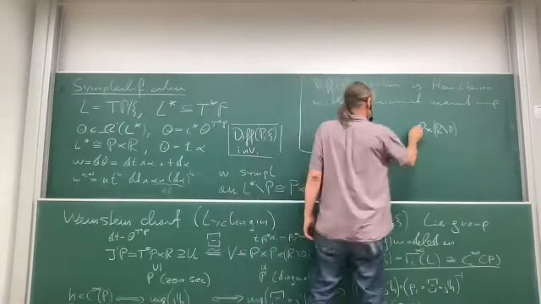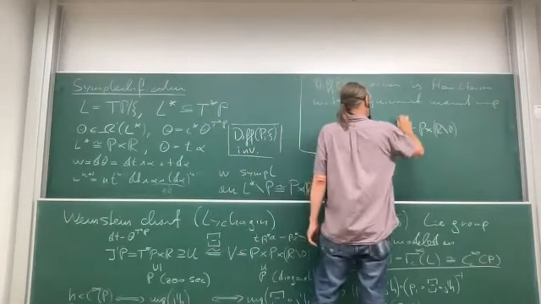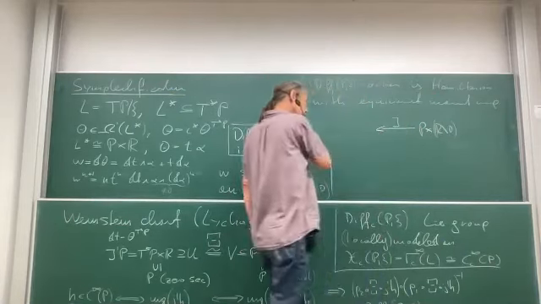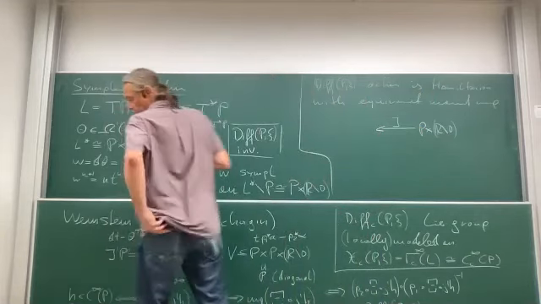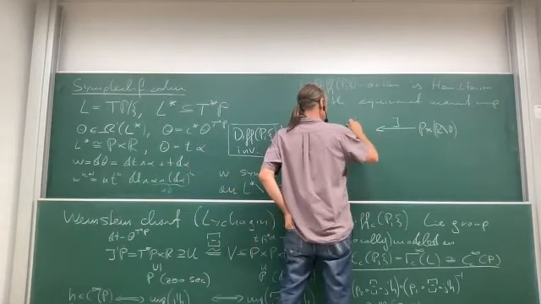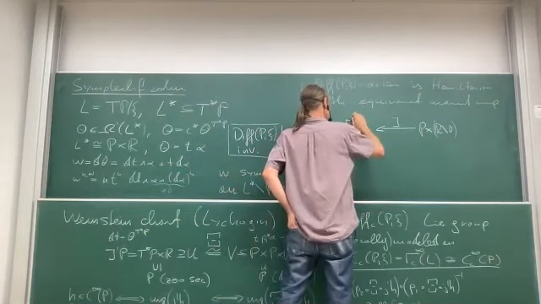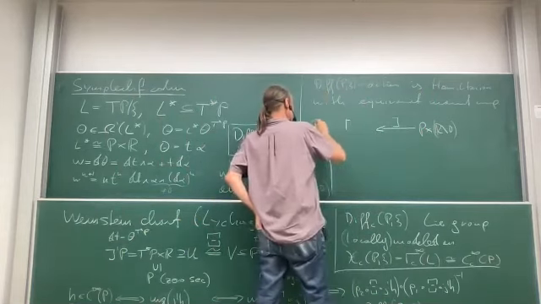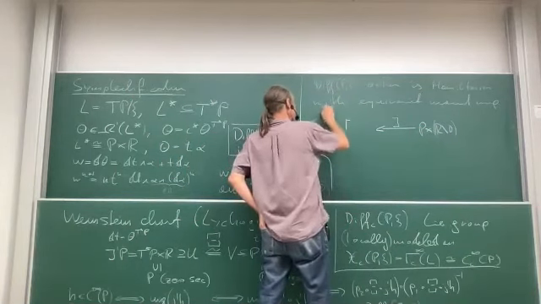We have an equivariant moment map J, and this is going to take us to, I'm going to write down formulas in a second, the dual of the Lie algebra.